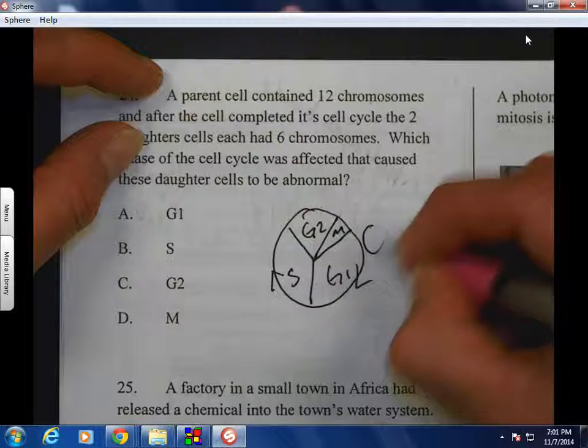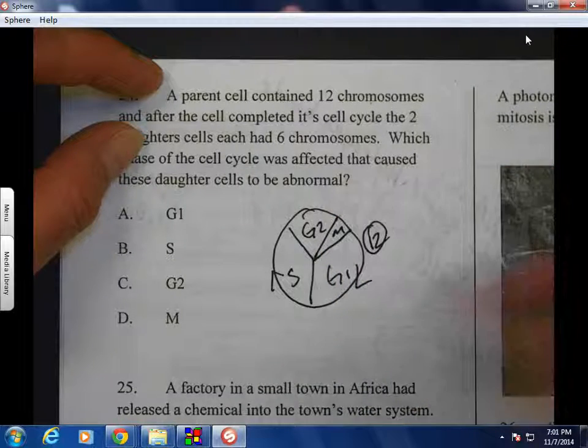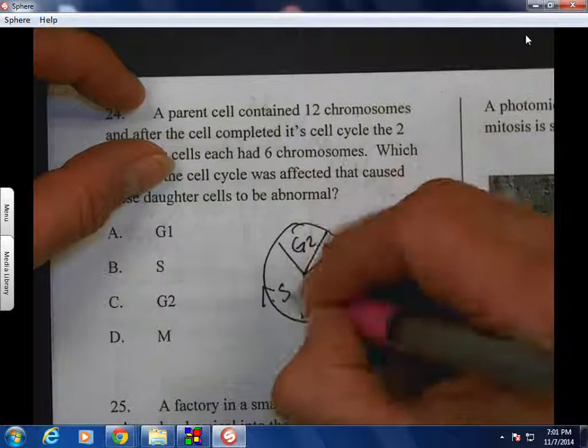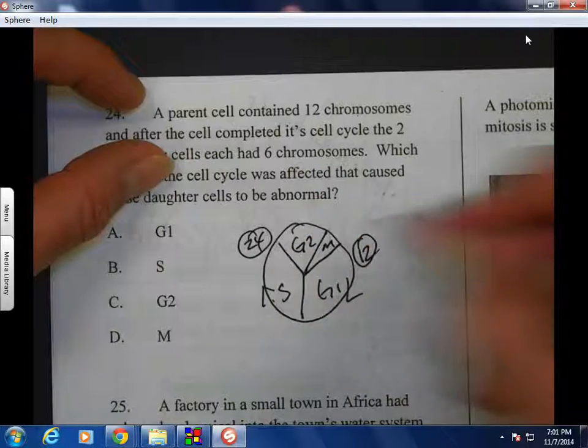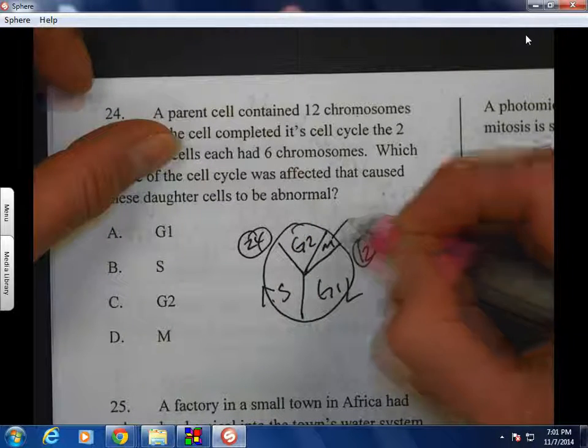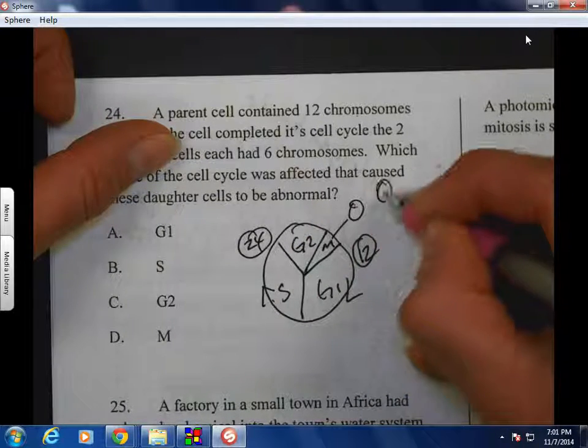It starts off with 12. After it duplicates in the S phase, it should have 24. And when it splits with mitosis, each one of those cells should have 12.